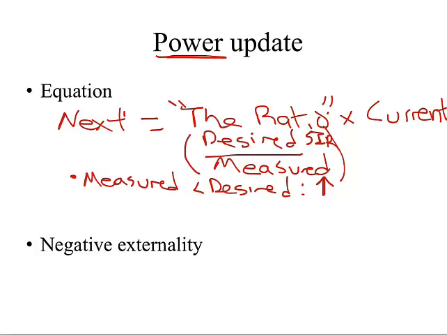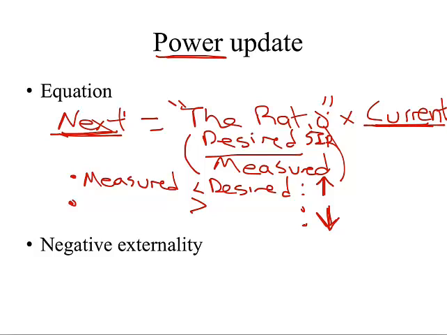So that means that what I'm measuring, the SIR that I have at the receiver, is less than what's necessary, so I need to increase my power level. So the next power level is going to be higher than the current power level. At the same time, if the measured is greater than the desired, then that means that the power level is going to go down because I have more than I need. So therefore my next power level can be a little bit lower than the current power level.